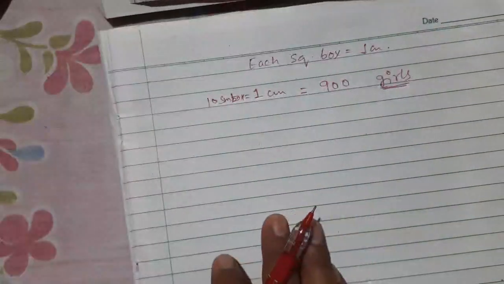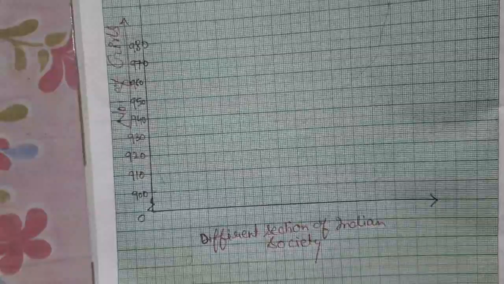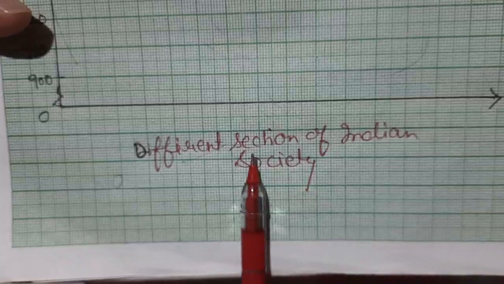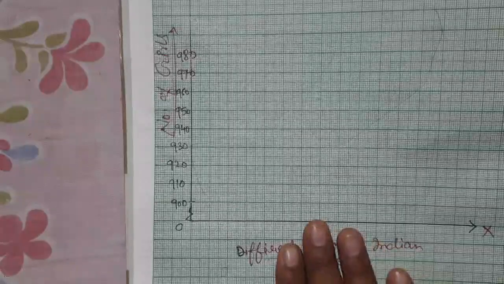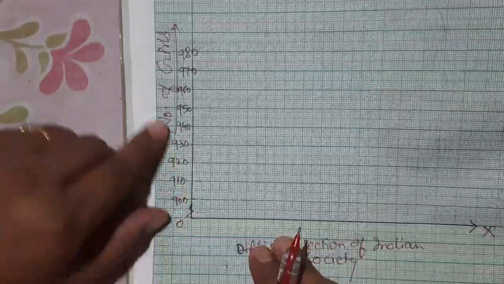Now we have considered the scale, so we will represent this data. I have drawn my x-axis and y-axis on graph paper. This is my x-axis and this vertical line is the y-axis. On the x-axis I am representing different sections of Indian society: ST, scheduled caste, scheduled tribe, backward classes. And on the y-axis I am representing 900, 910, and so on.